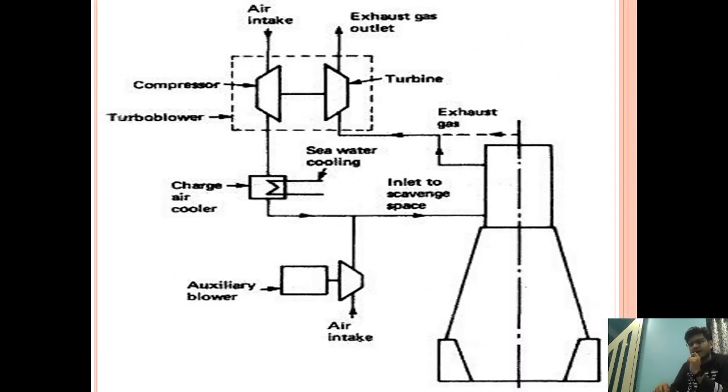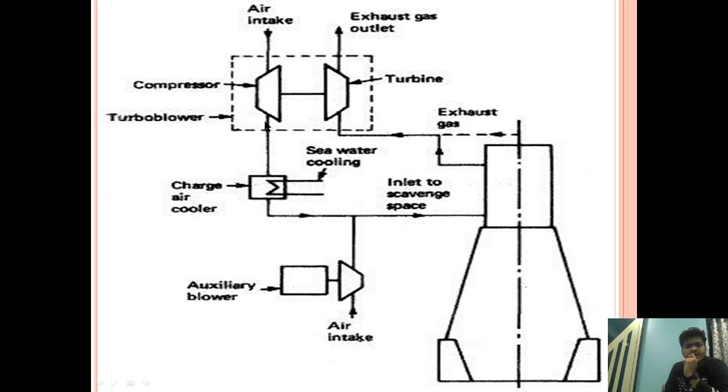So the first question is where the air cooler is installed. This is a simple diagram. In this diagram, as you can see, the air cooler is here. The exhaust coming out from the cylinder is driving the turbine, and while driving, it is compressing the air through the compressor.